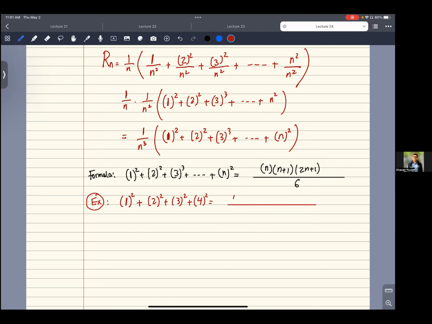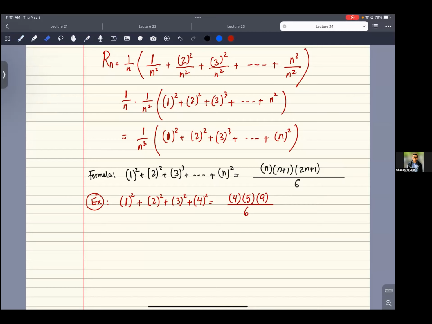What's the n? It's 4. Times n plus 1. What is n plus 1? The next number after 4. What is it? It's 5. Times 2n plus 1. 2 times 4 plus 1. What is 2 times 4? 8. 8 plus 1 is 9, over 6.